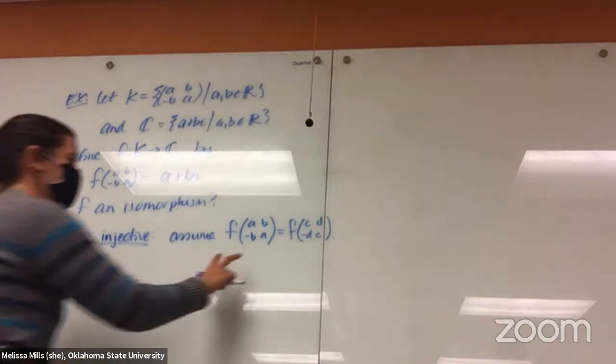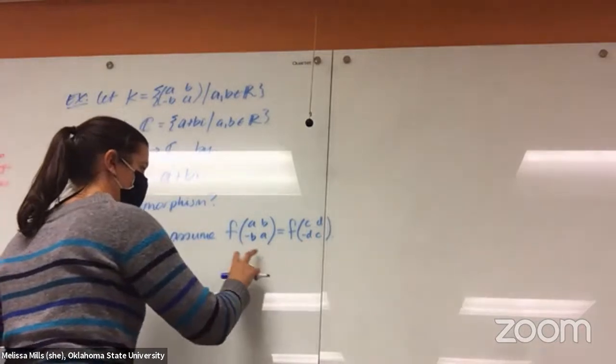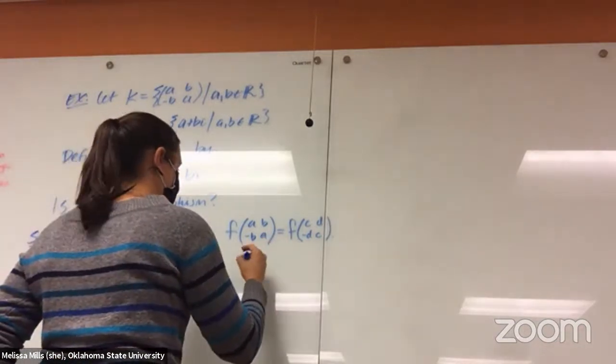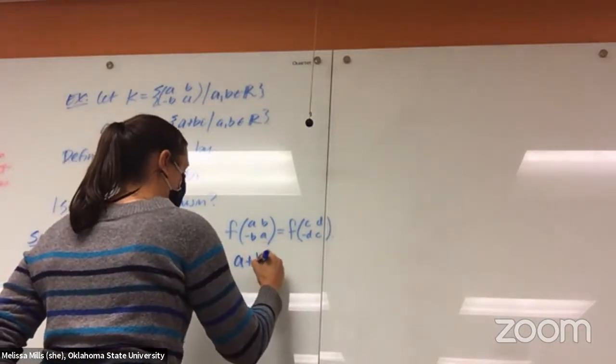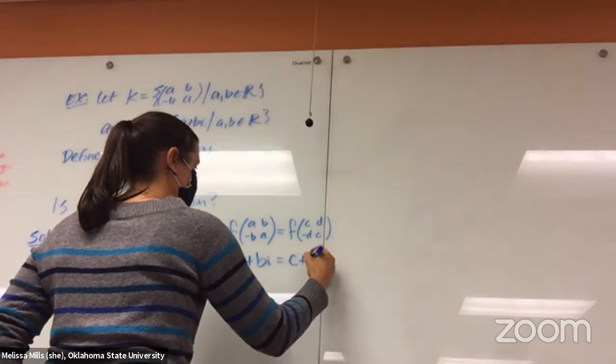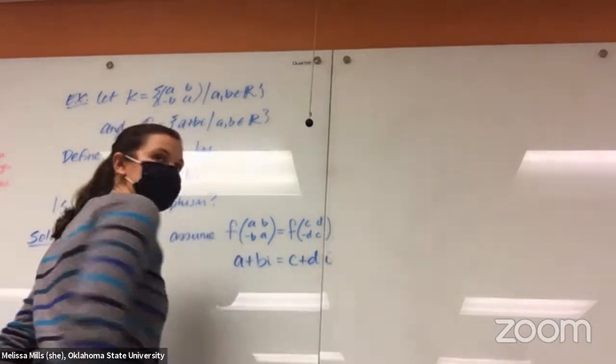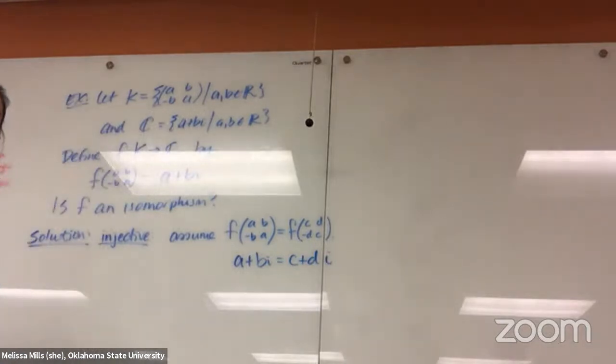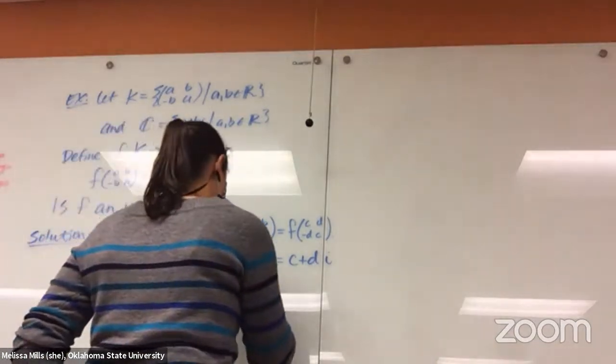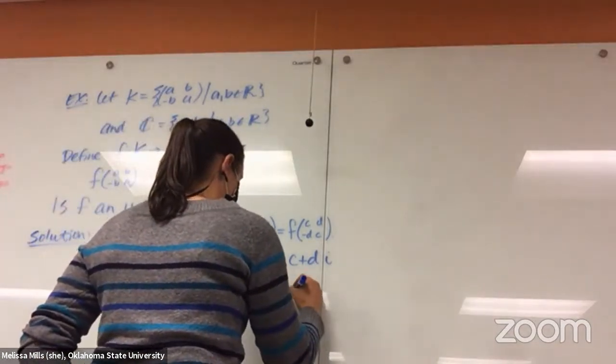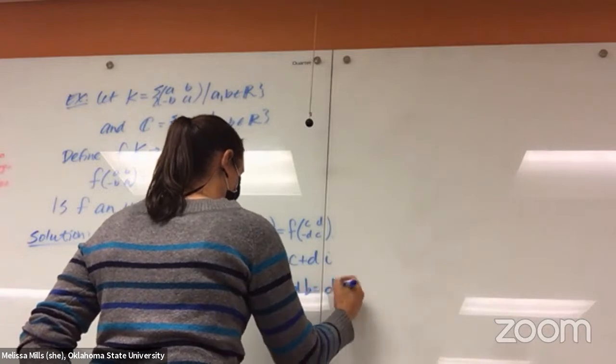So what is that telling me? If those things are equal, that means that a plus bi equals c plus di. And what does that give me? Well, the real part has to equal the real part and the imaginary part has to equal the imaginary part, right? So a equals c and b equals d. And what does that tell me?